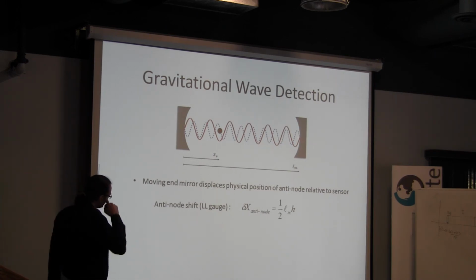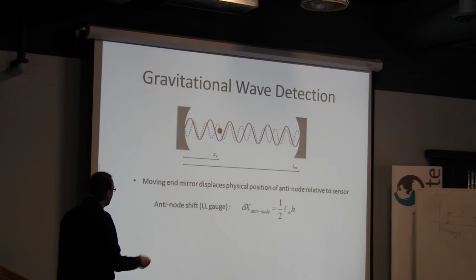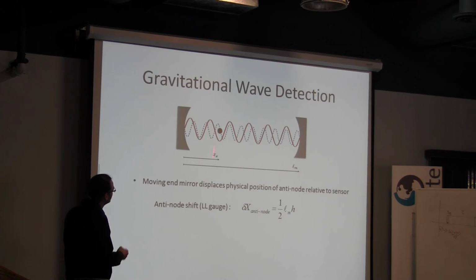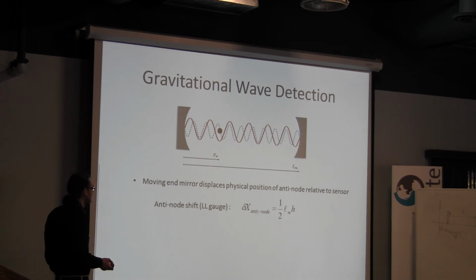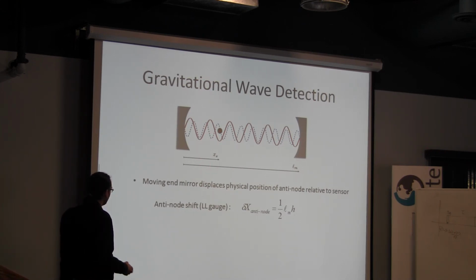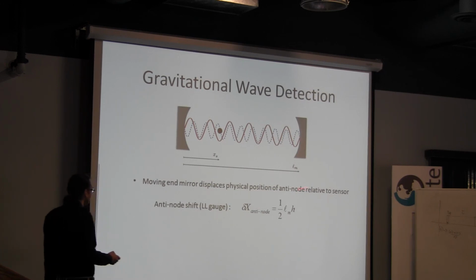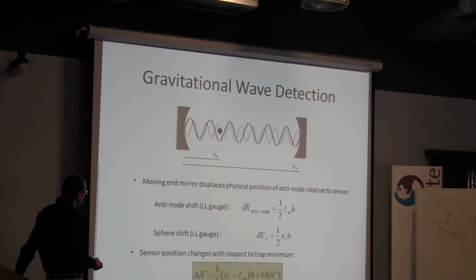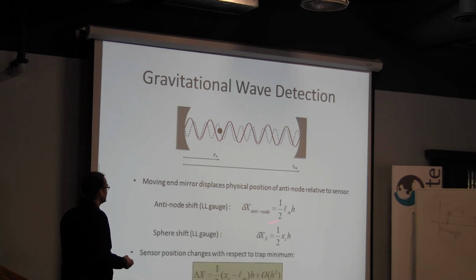And so what that winds up doing is, if I look at how the light propagates in the cavity, it displaces the physical position of the antinode of the trap with respect to the sensor's physical position. And so the antinode shift goes like 1/2 times the length of the cavity times the strain. And then also the sphere, as we showed last time, changes its position by 1/2 times the strain times the sphere's coordinate.